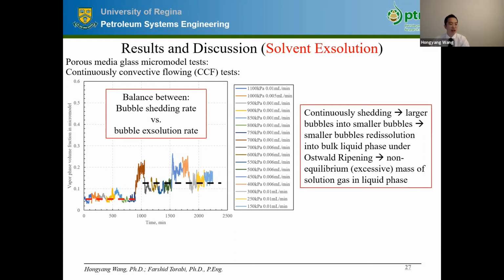This is mainly due to the continuous shredding of the bubbles, which makes the larger bubbles become smaller bubbles, and the smaller bubbles will redissolve into the bulk liquid phase under the Ostwald ripening mechanism. Hence, in the liquid phase, there is an excessive mass of solution gas, which is a non-equilibrium condition.